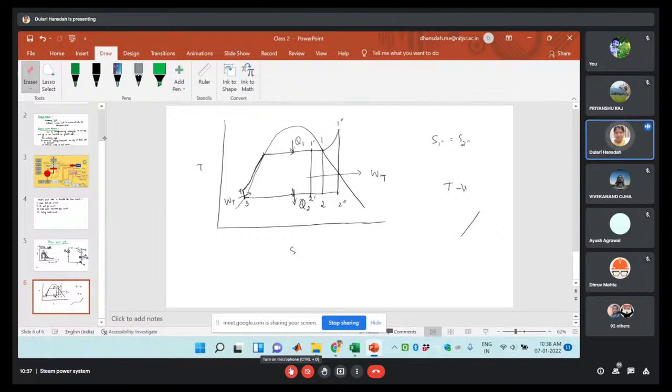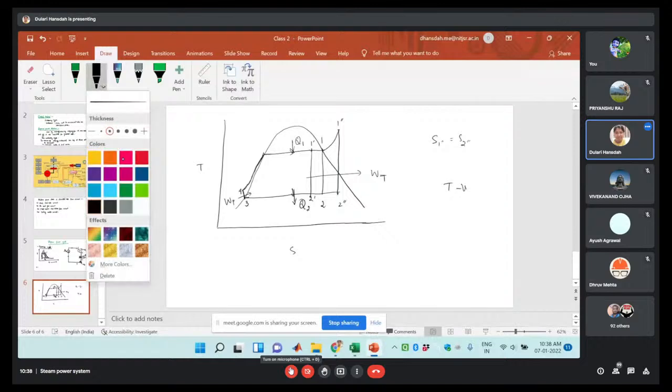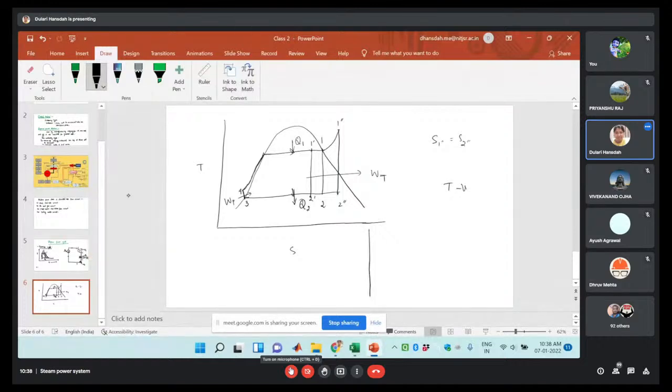Then the Mollier diagram, that is the HS diagram, the enthalpy-entropy diagram. Let me draw this one here. Okay, so this is the HS diagram.